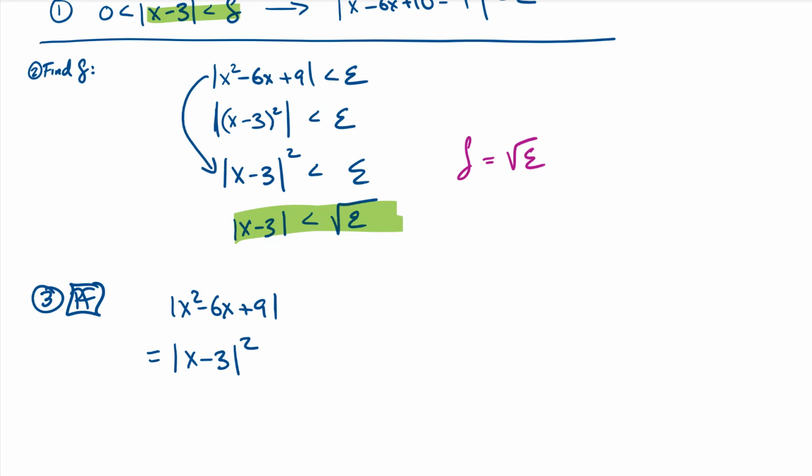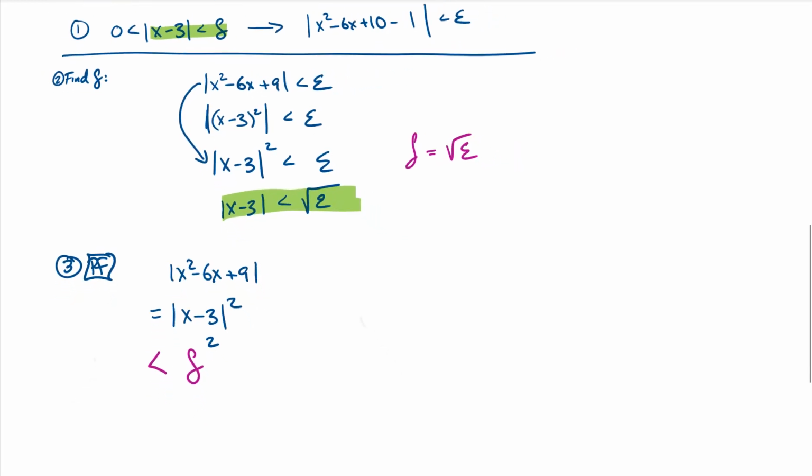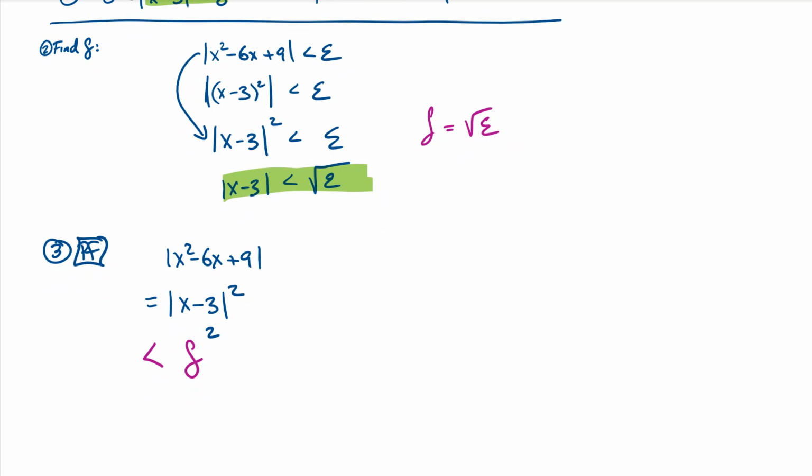So we're going to say that this thing is less than delta, and we leave that square in there. So we didn't replace the square part. We just replaced the absolute value of x minus 3 with less than delta. And now we can write in what delta equals. Delta equals the square root of epsilon, and the square root of something squared is equal to epsilon.